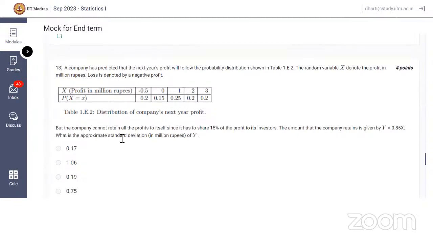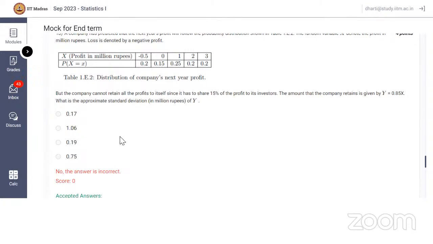But the company cannot retain all the profits to itself since it has to share 15% of the profit to the investors. The amount that company retains is y is equal to 0.85x. What is the approximate standard deviation of y?